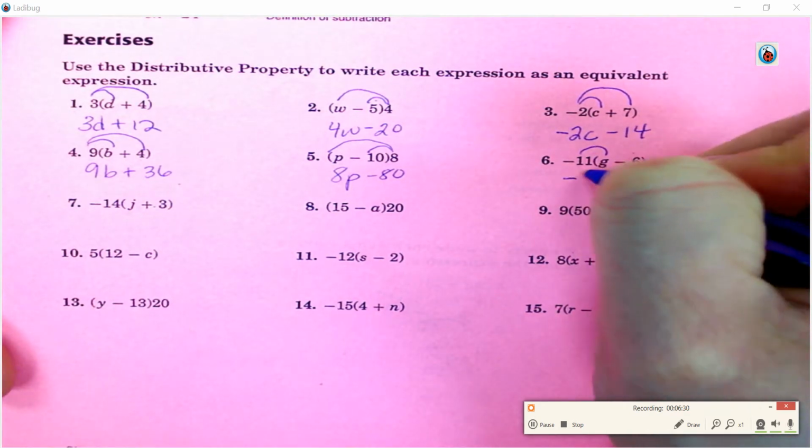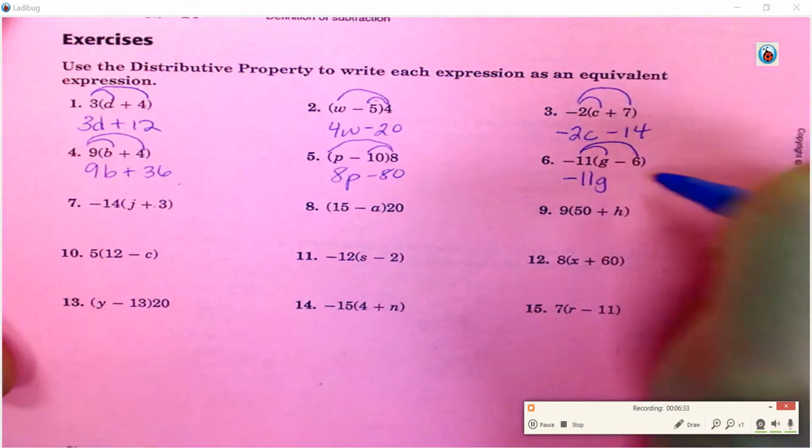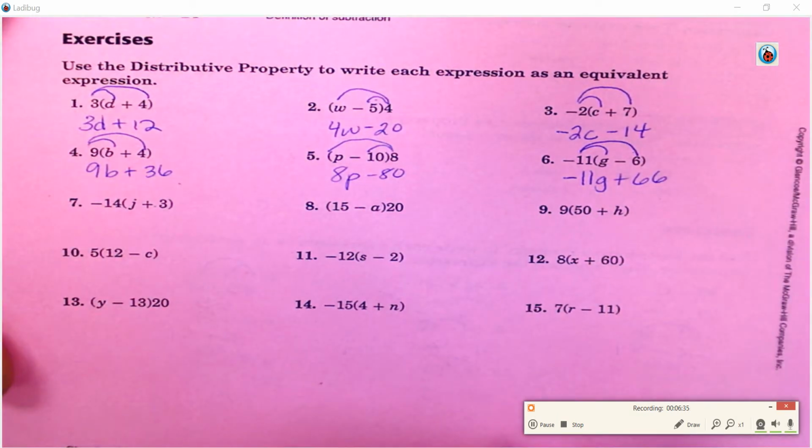Negative 11 times g is negative 11g, and negative 11 times negative 6 is positive 66.